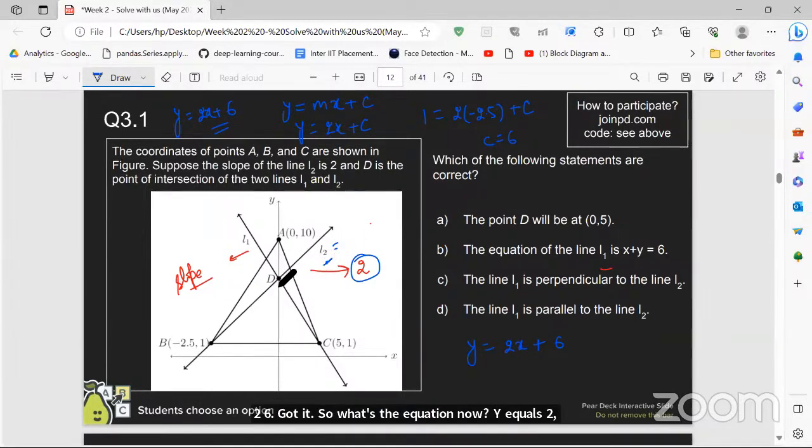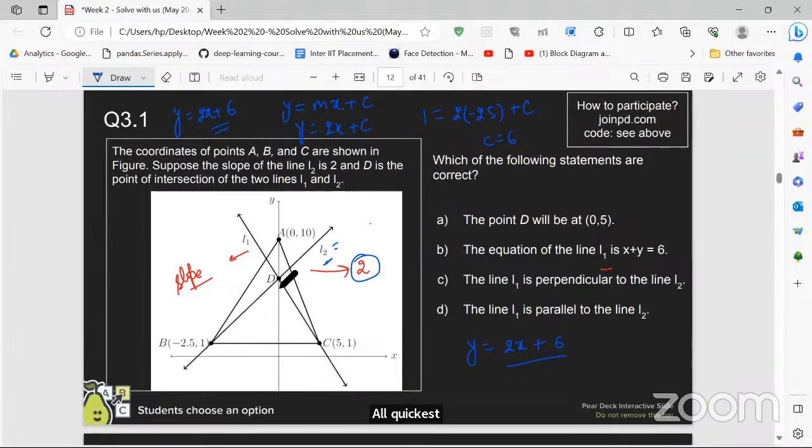So what's the value of D? (0,6.) I told you already, right? For a straight line, D is the y-intercept. How do you get the y-intercept?